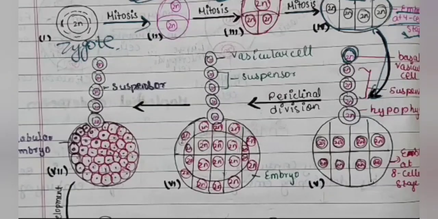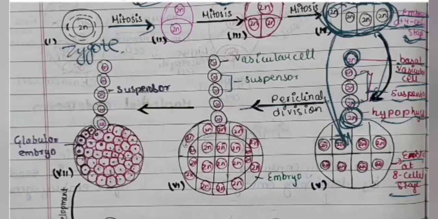Then further development takes place and it forms the suspensor cells, and the embryo reaches the 8 cell stage. Here periclinal division takes place, and this is the vascular cell at the top. Then these are the suspensor cells. Then the embryo is more developed than the previous 8 celled stage.